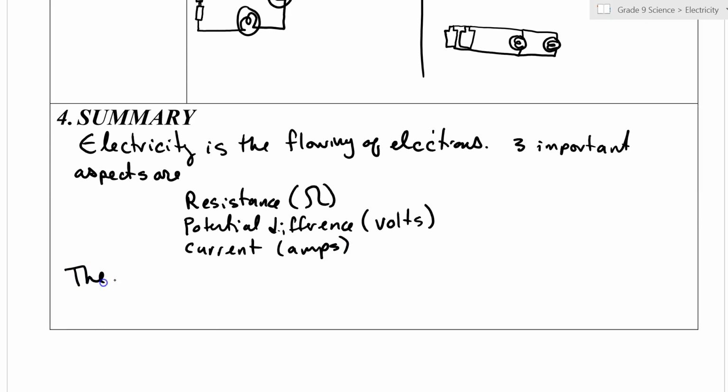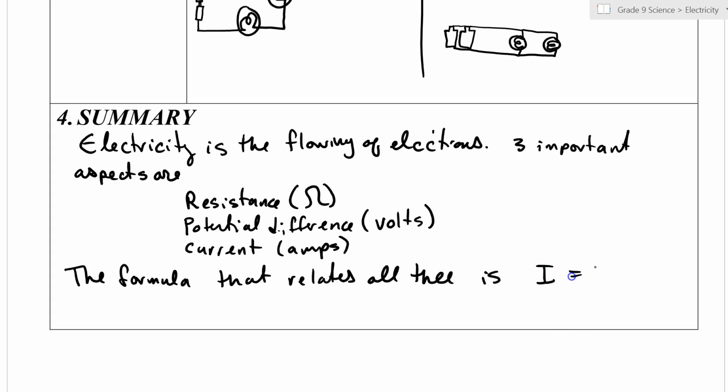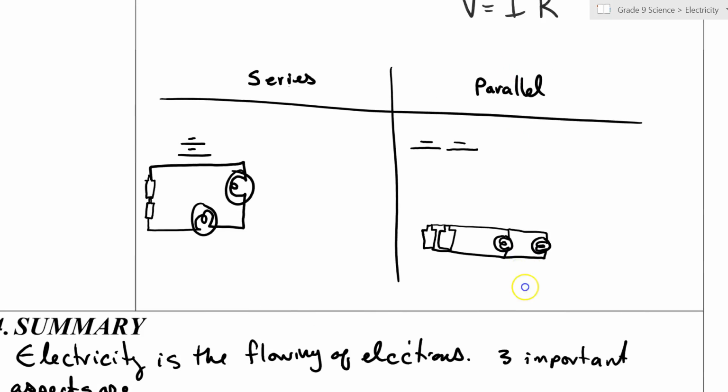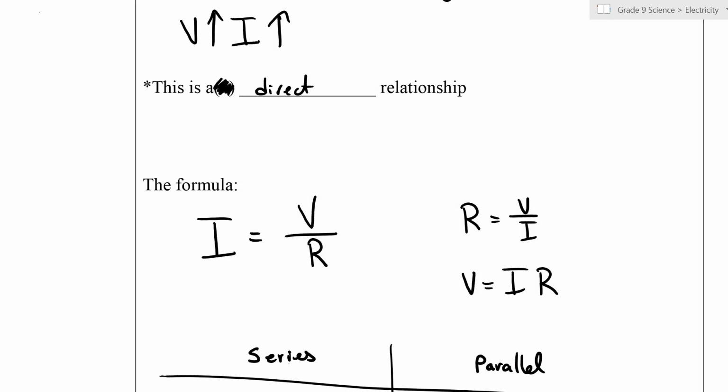The formula that relates all three is I equals V over R. And if we want to solve for V or R, we can use the different forms that we identified up here.